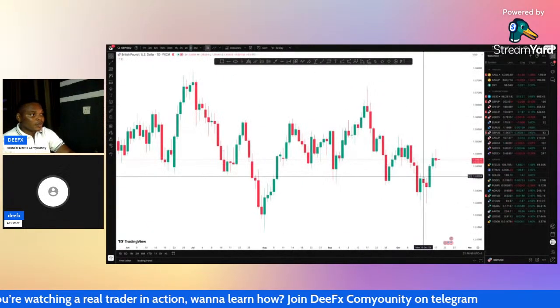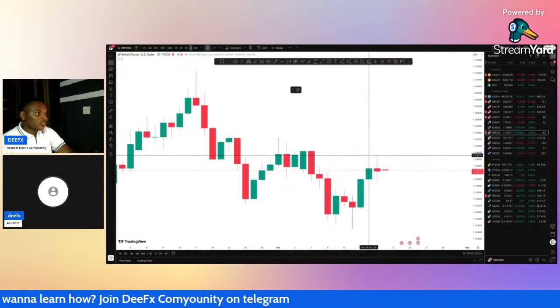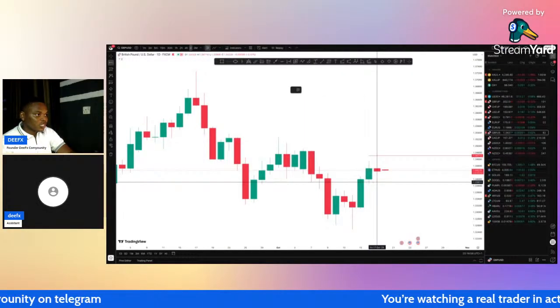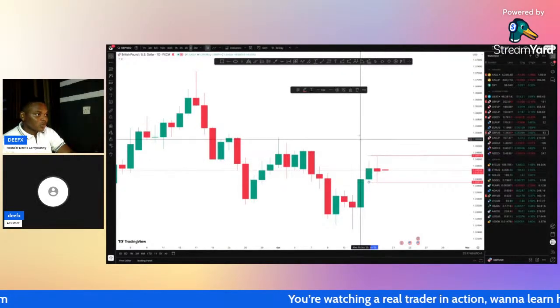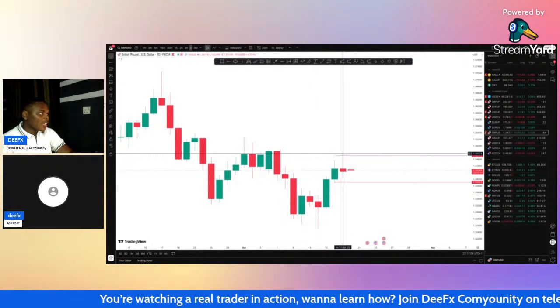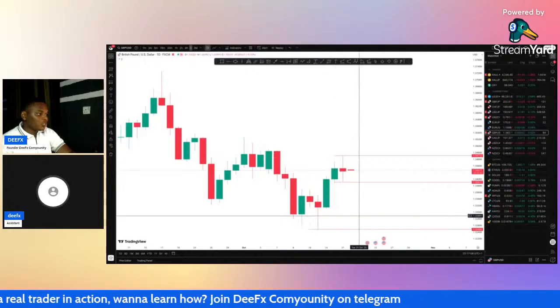So on the daily time frame again, we've seen that the candle closed indecisive, and that's not our business, but we need the particular highs and lows. Now let's look for the previous week highs and lows. So this is the highest point of the week, and this candle here is the lowest point of the week.